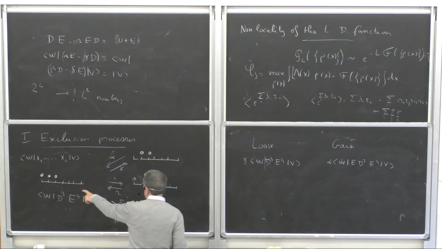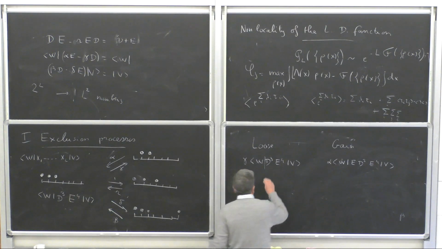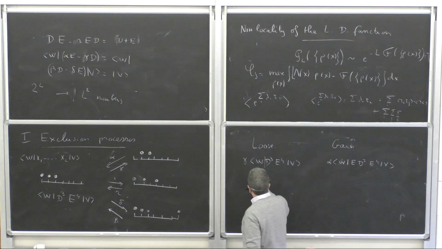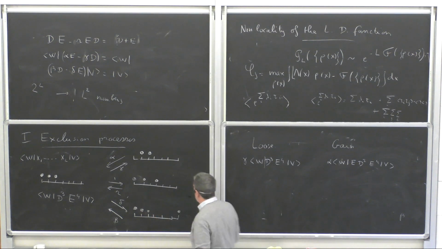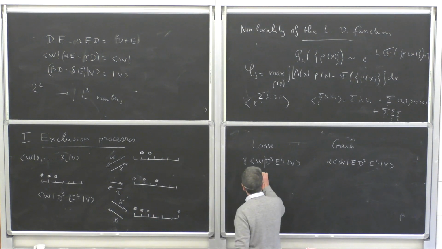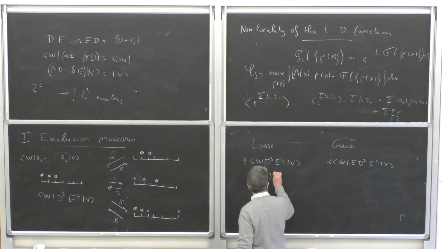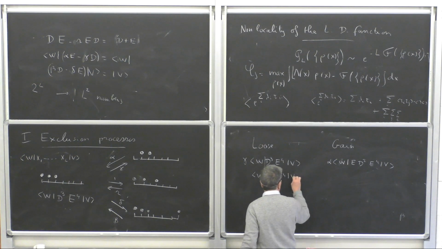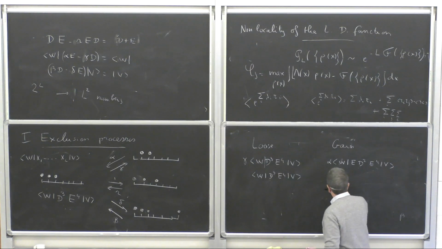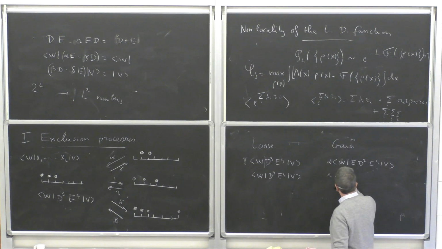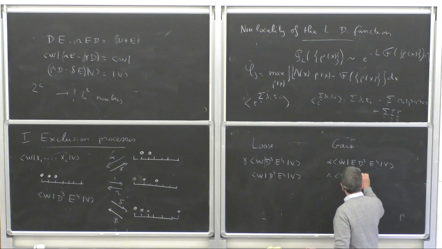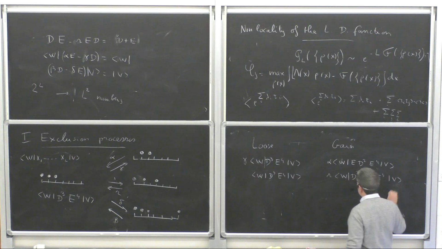And let me do it for the second line. I get here, what is the loss is W, there is a rate 1, d cube E4 minus V, and the gain is R times W d squared E d E3 V.